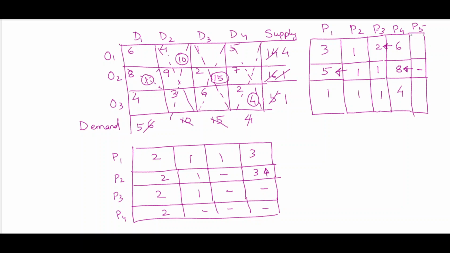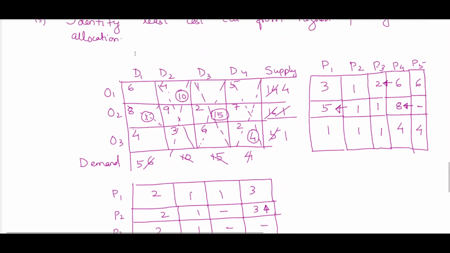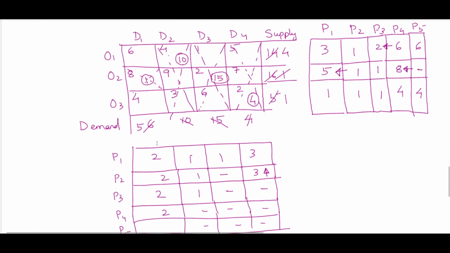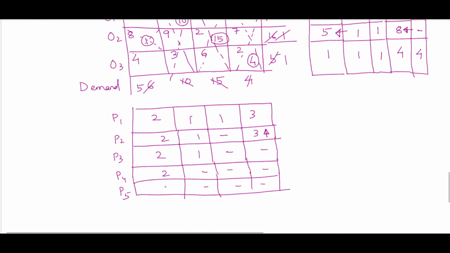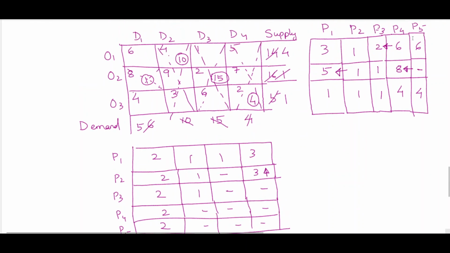Now here remaining only 6, and here it is only 4. Here again we have to draw P5 for this problem. Here 3, dash were there, and here 6 minus 4, it is 2. So 6 is the maximum one.